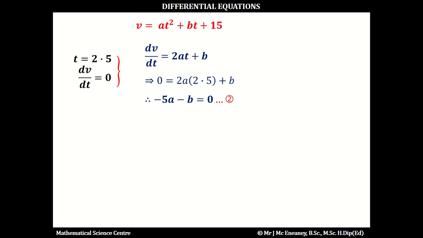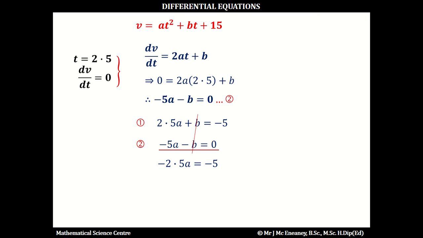So we're after formulating two equations with two unknowns and we're now going to solve these simultaneously. So equation number 1, we had 2.5a plus b equals minus 5. Equation number 2 then, we've got minus 5a minus b equals 0. The b's cancel out, and if we add the a's you get minus 2.5a and the constants give minus 5.